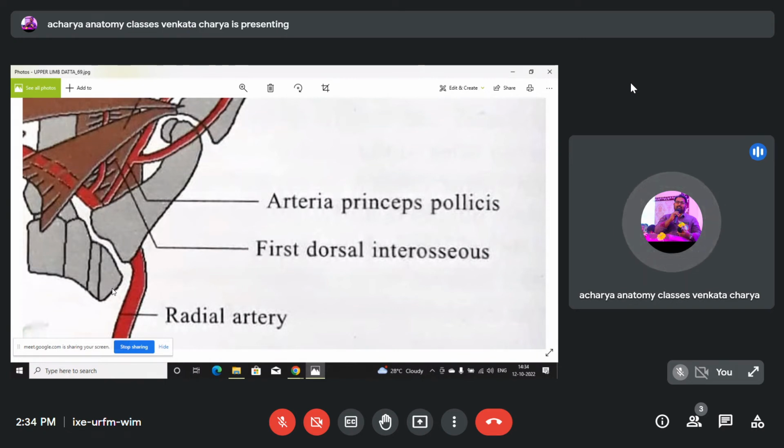Right. First proper distal artery supplies the lateral side of the thumb finger.